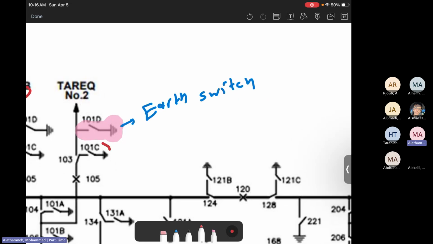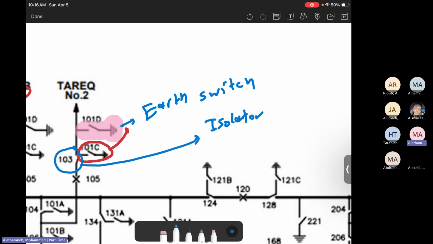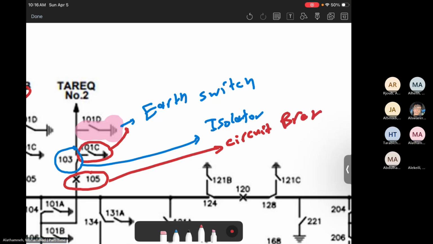The second one is still an earth switch because it has the same earth symbol. The next one, a switch alone, we call an isolator. The last one, with an X, is the circuit breaker.